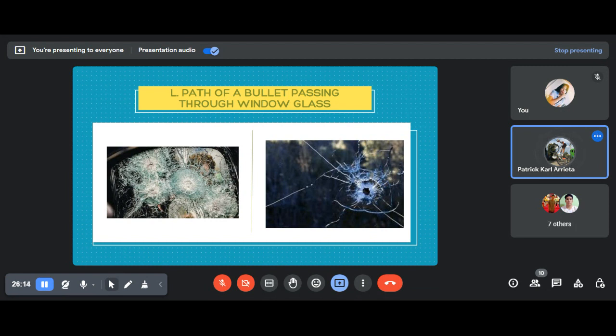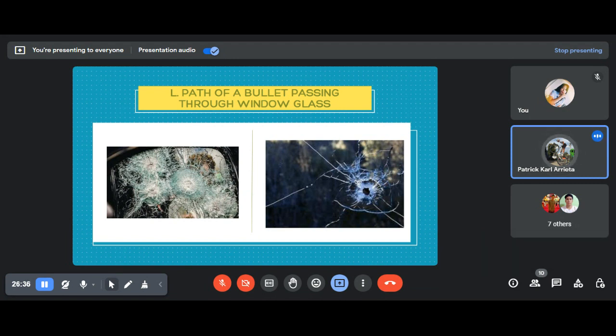The path of a bullet passing through window glass, or bullet holes in glass. Glass broken by a projectile forms two distinct fracture types: radial fractures and concentric fractures.